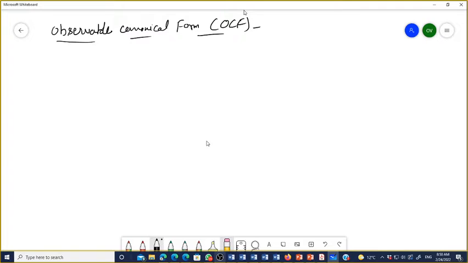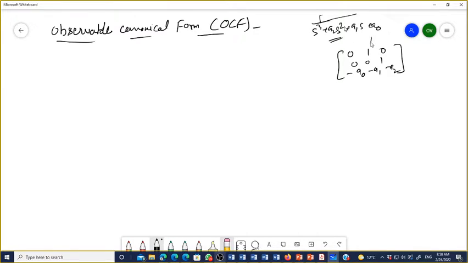In the controllable canonical form, we saw that the last row of the A matrix is represented by the coefficients of the characteristic equation. Let's say 1 upon s cube plus a2s square plus a1s plus a naught is in the denominator. Then the matrix is 0 1 0, 0 0 1, and then minus a naught, minus a1, minus a2.